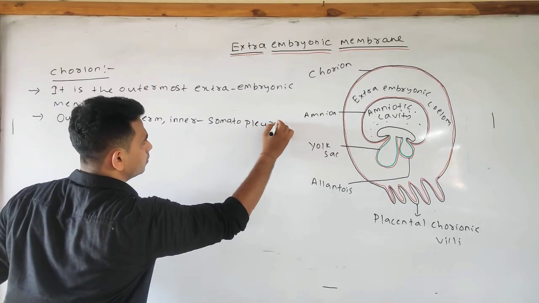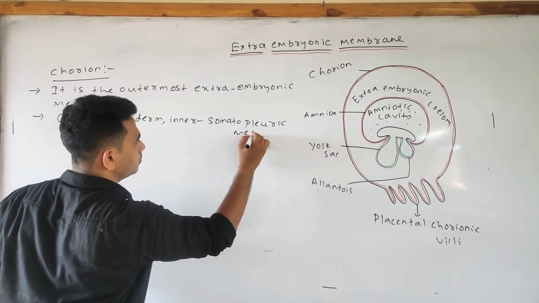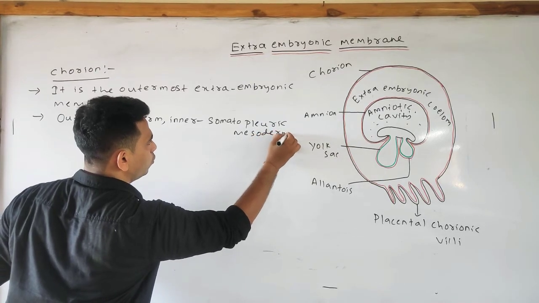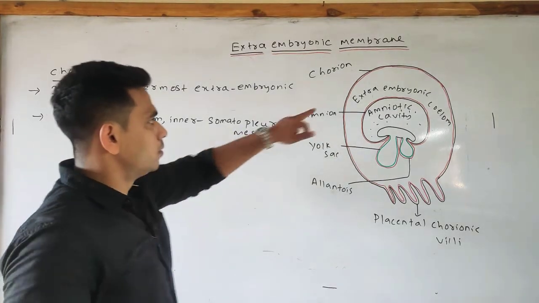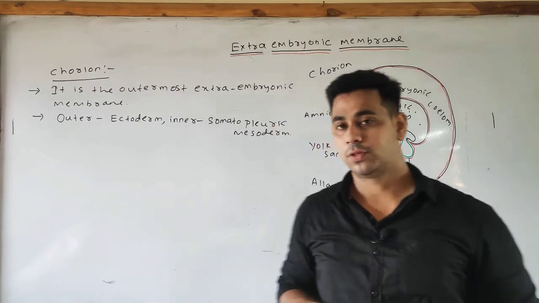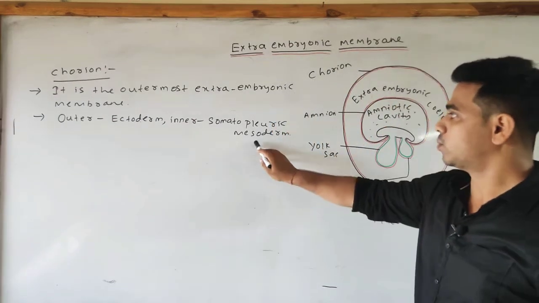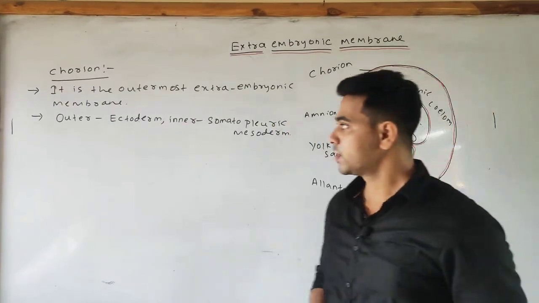Okay, as you all know, when the ectoderm comes in contact with the mesoderm, we call it the somatopleuric mesoderm.